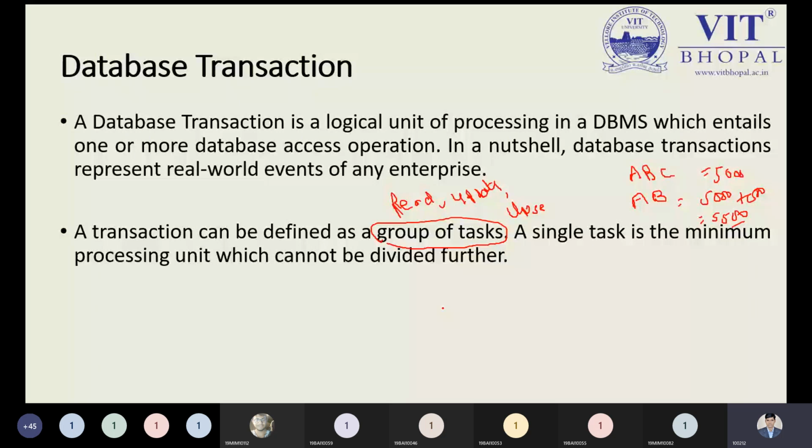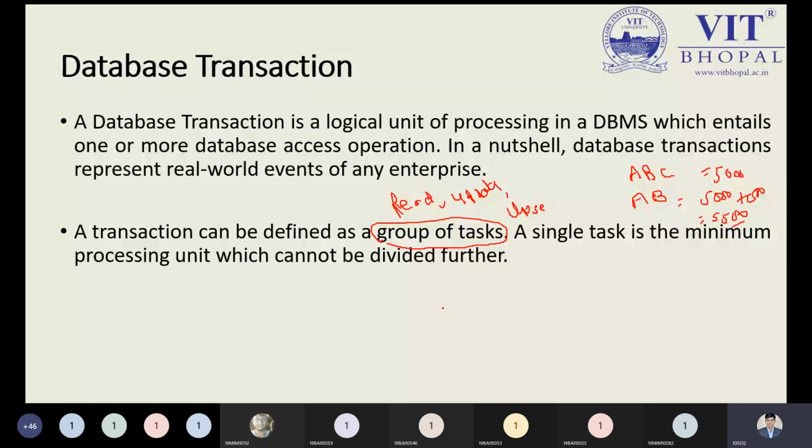We can say the transaction is a more important part of any database management system, and it is a logical unit of processing, and the kind of information we need to process is to be managed by the transaction. So a single task is the minimum processing unit which cannot be divided further, like reading or opening the account. This is only a single task, but we can also have a group of tasks. So of course a transaction can have multiple tasks.